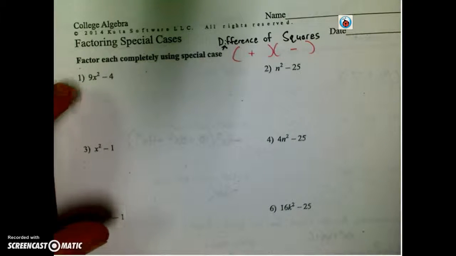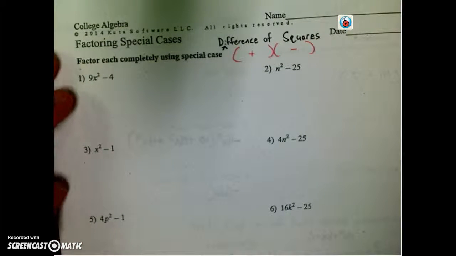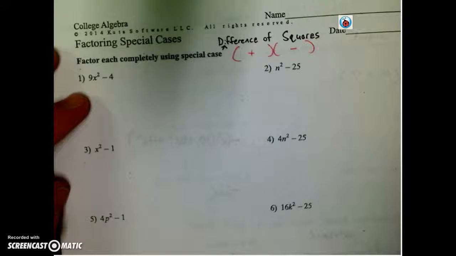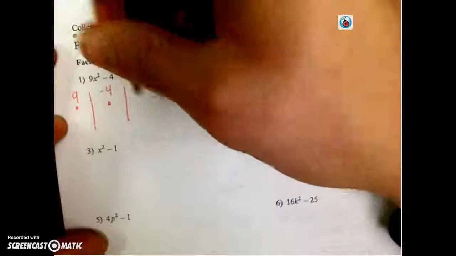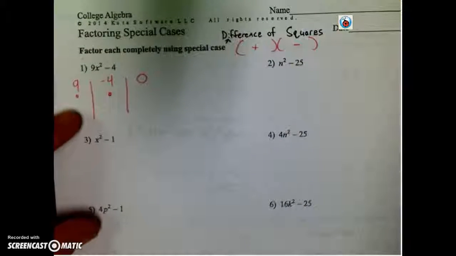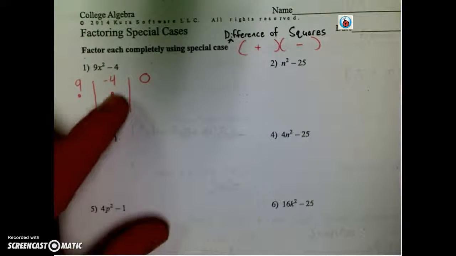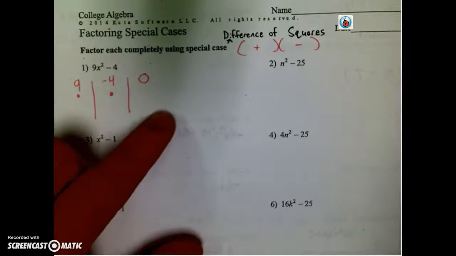If you want to use a table, you could solve it as looking for factors of positive 9, factors of negative 4. These are our pattern recognition.